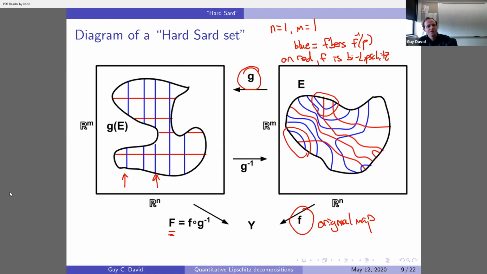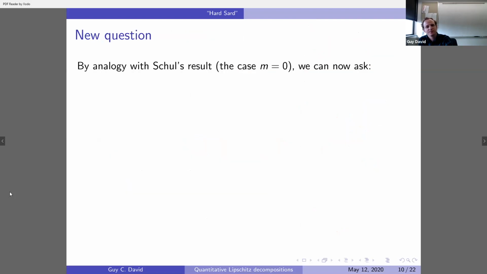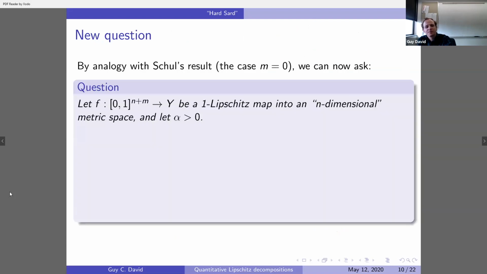Okay, so this is the model of our simple mapping. Okay, so now we can ask a new question. By analogy with this result of Schul, which you can think of as basically the m equals 0 case. You can now ask, suppose you have a mapping from n plus m dimensional Euclidean space into some n dimensional metric space, which again, you can think of as Rn, if you like.